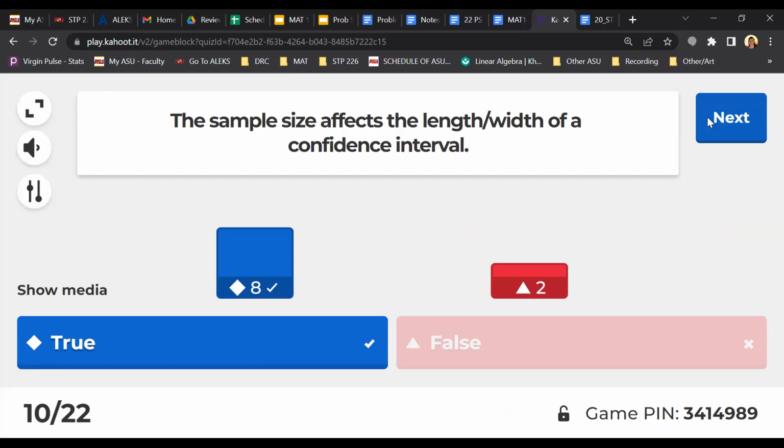Because when we say like 95% confidence or 99% confidence, we're basing that kind of on the empirical rule, like how many standard deviations should I go out to be this confident that I have caught all the data. And the sample size affects the width of a standard deviation. Therefore, the sample size would affect the width of the interval, because it could make it smaller if the sample size is larger or bigger if the sample size is smaller.